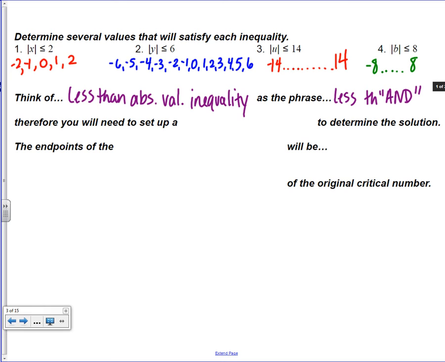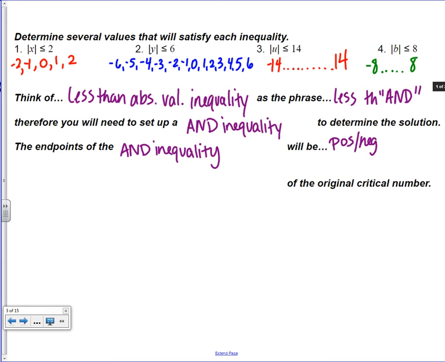Therefore, you will need to set up an and inequality to determine the solution. The endpoints of the and inequality will be positive and negative versions of the original critical number.